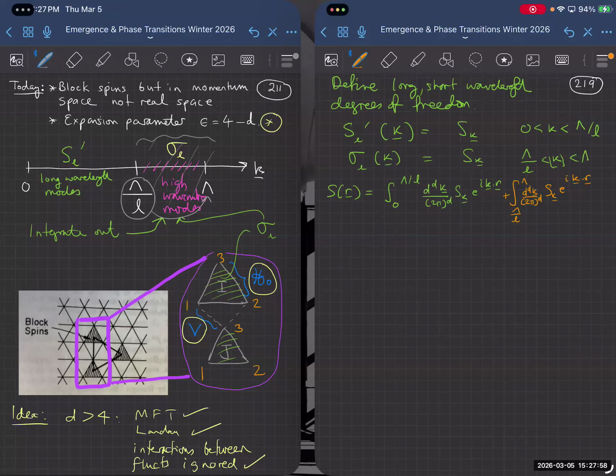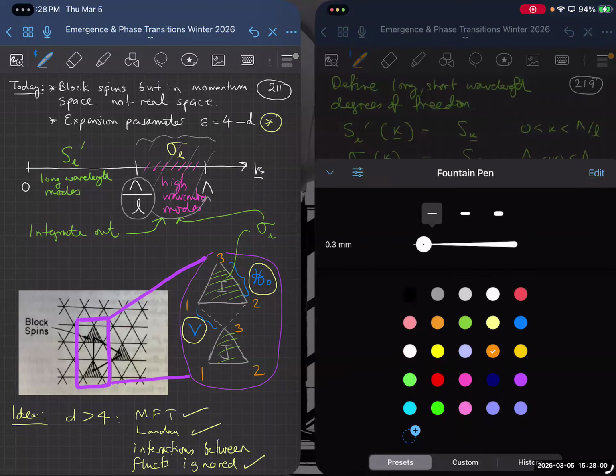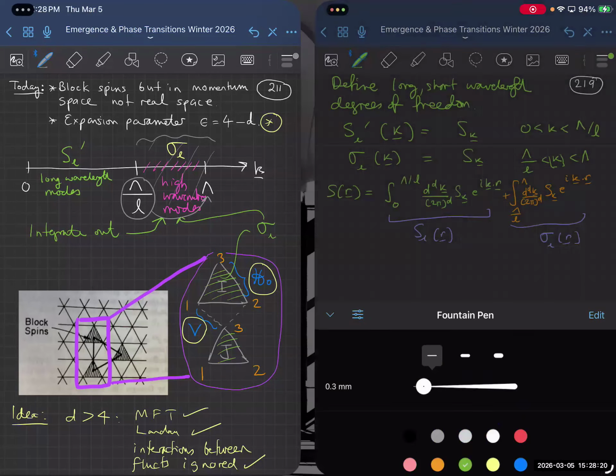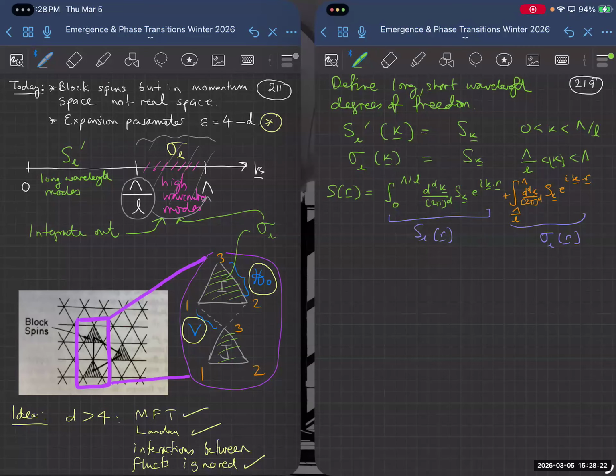So that is how I'm breaking this thing up, and then that means that I can think of this thing as being the S_L of r, and this thing here is the sigma_L of r. And if you look at the analogy with real space renormalization group, this thing is like the sigma_i, and this thing is like the S_i.